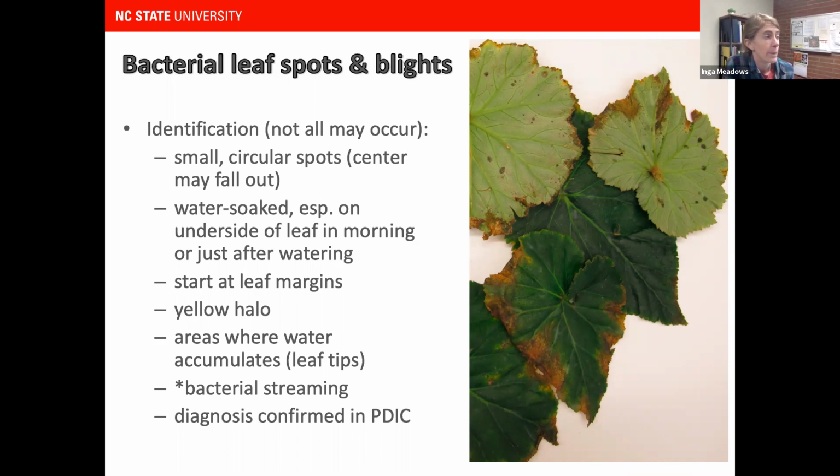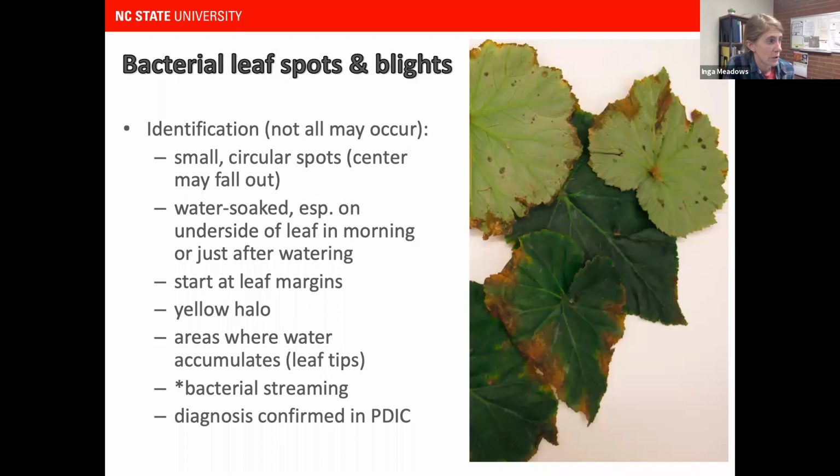You might see water soaking, which is on the picture on the right-hand side, on the underside of those leaves, you see sort of darkened spot areas that look, some people call it greasy looking. That's the water soaking. And generally you'll see this on the underside of the leaf in the morning or just after watering.